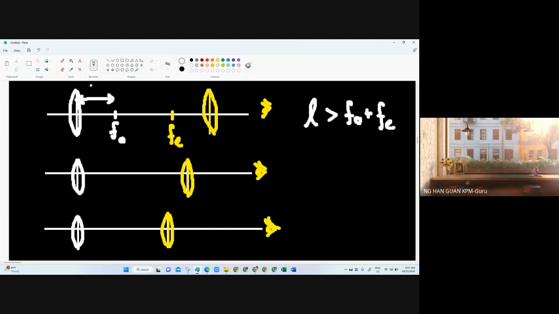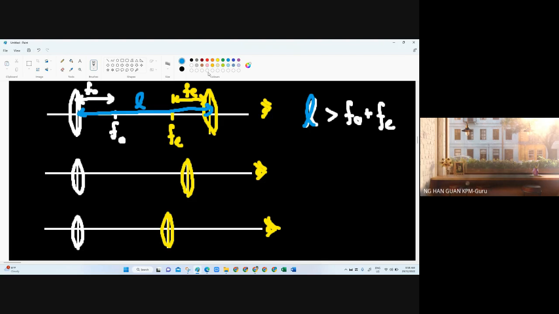So our length L will be more than FO plus FE. If this happens, FO and FE will have a gap in between, which makes the total length between the lenses more than FO plus FE.